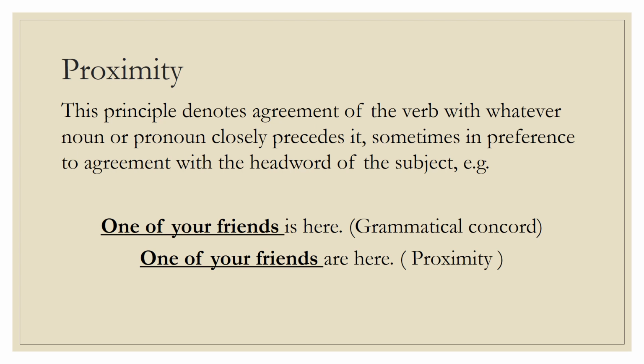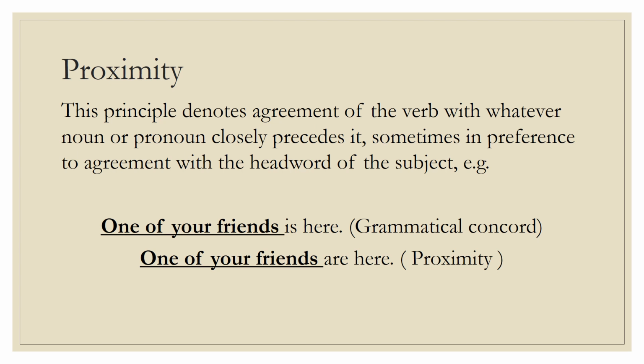Proximity. This principle denotes agreement of the verb with whatever noun or pronoun closely precedes it, sometimes in preference to agreement with the head word of the subject. For example, when I say one of your friends is here and one of your friends are here. In order to clarify, proximity means closeness, nearness.